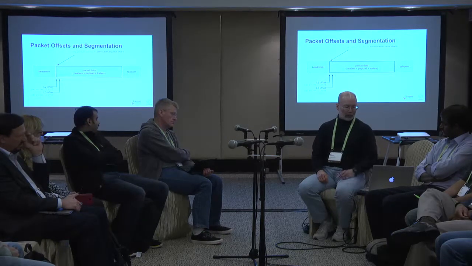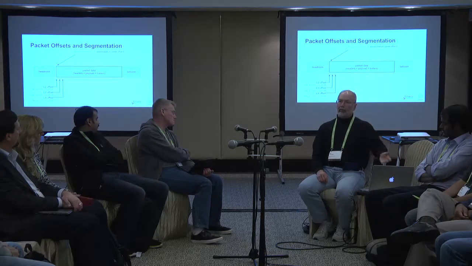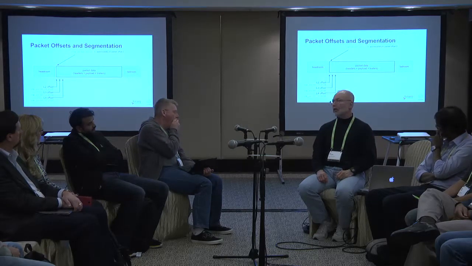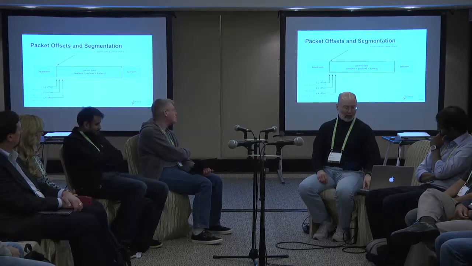Similarly for layer 3, layer 4, etc. The idea being that this is information that's common across all packets, so the ODP packet abstraction captures that and provides that as what we call metadata associated with that packet, and then provides access functions to allow applications to deal with that directly.